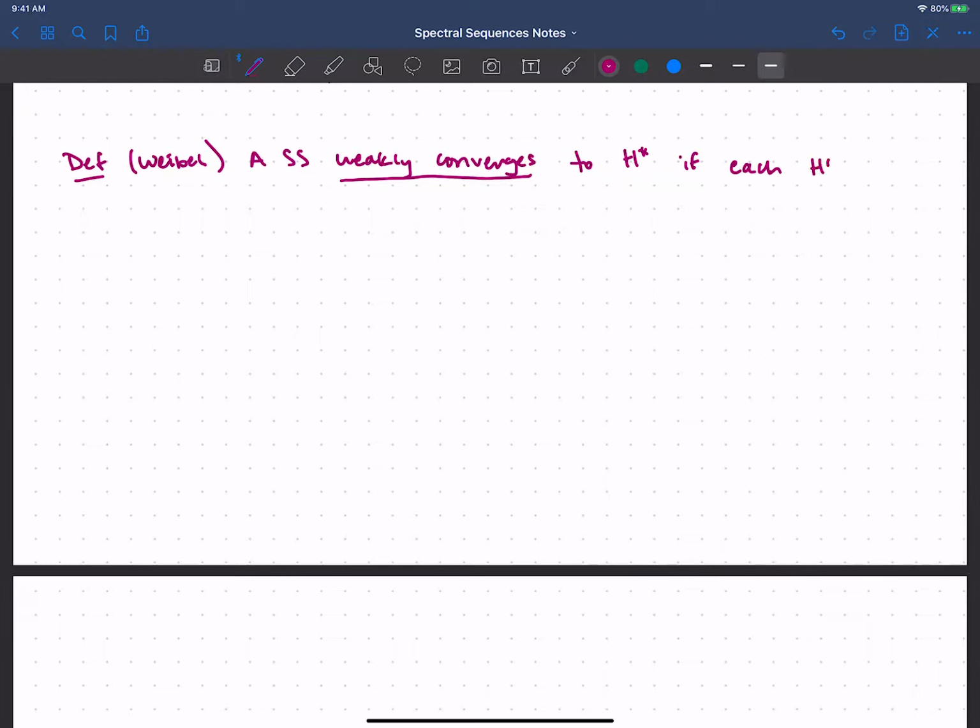If you look at each H^n, and this has a filtration that looks like not necessarily a finite filtration, but we've got this sort of nested filtered pieces.